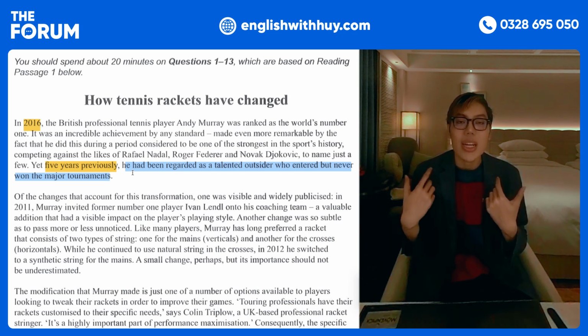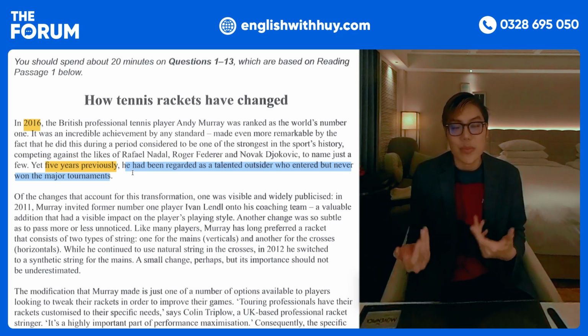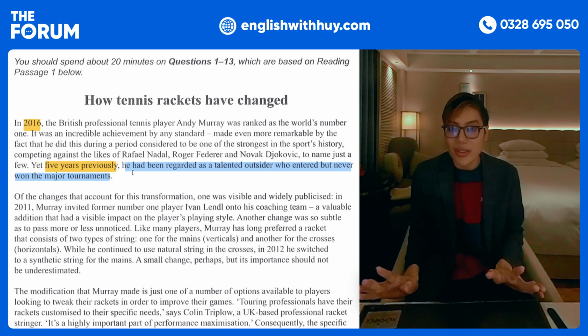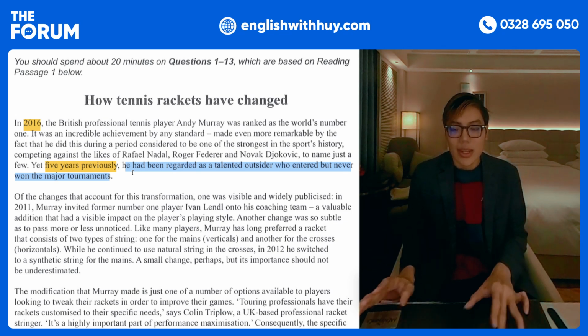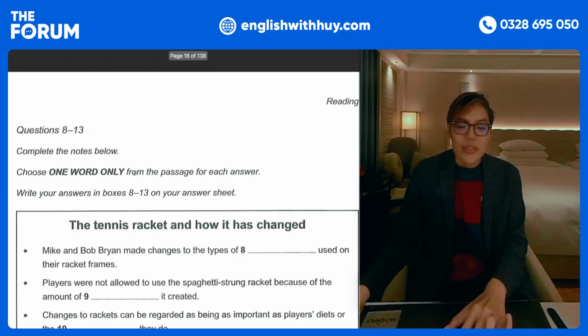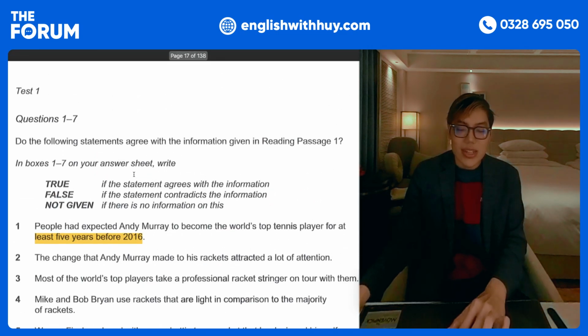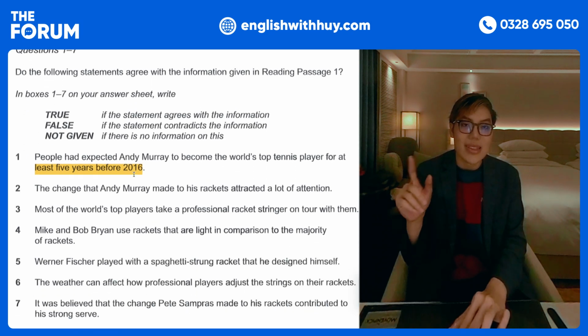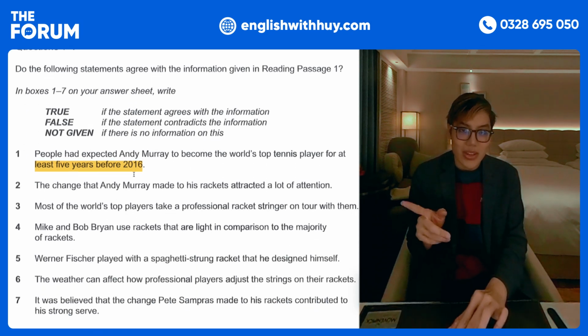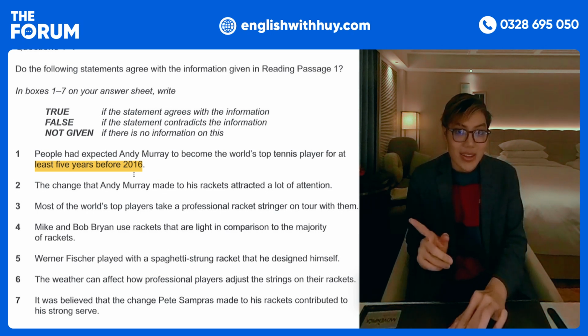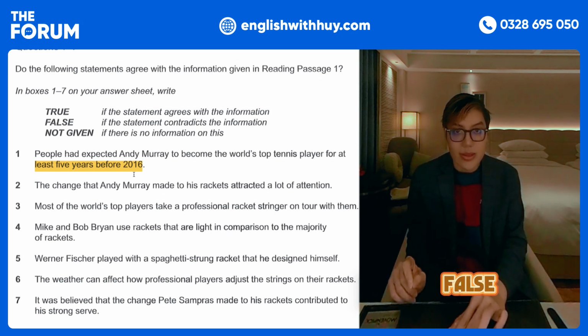However, he would not become the top tennis player because he would never win any major tournament. So the information in the passage is completely opposite to the statement that you can see here. So the first question, the right answer is false.